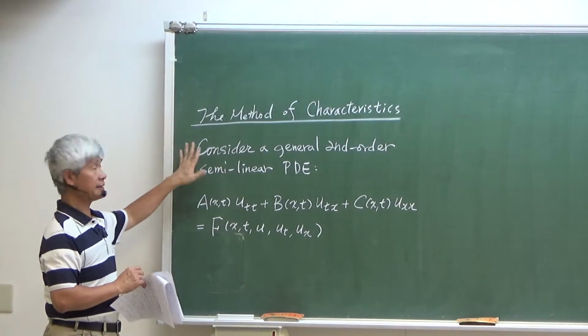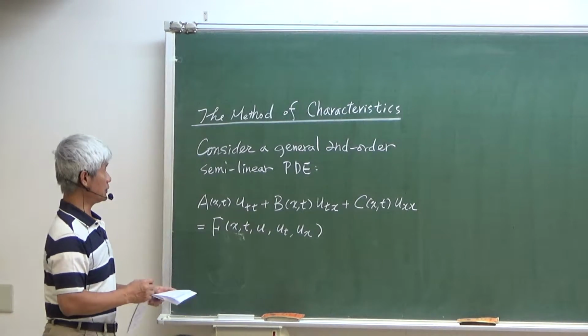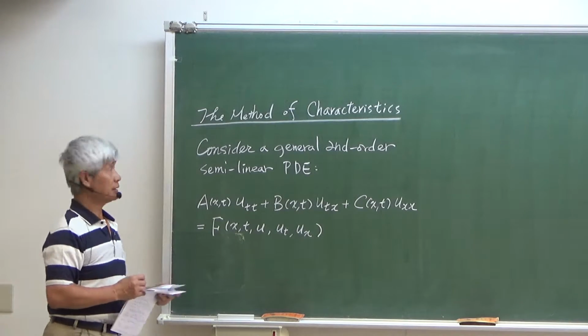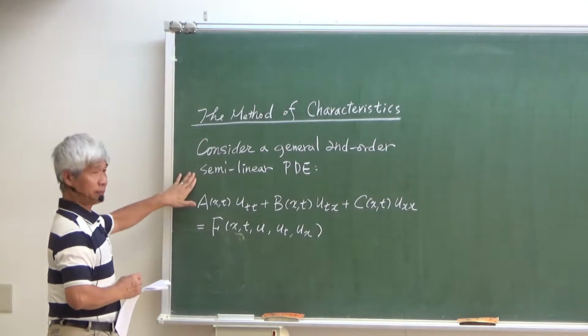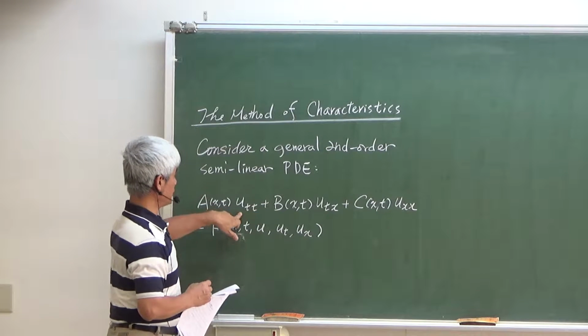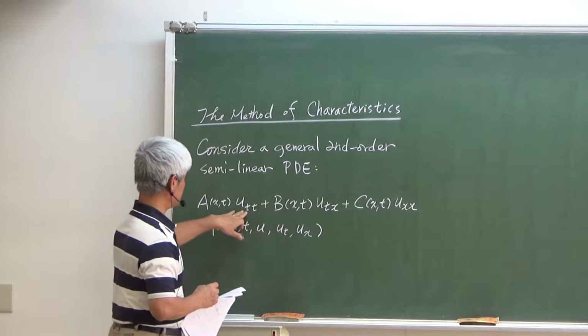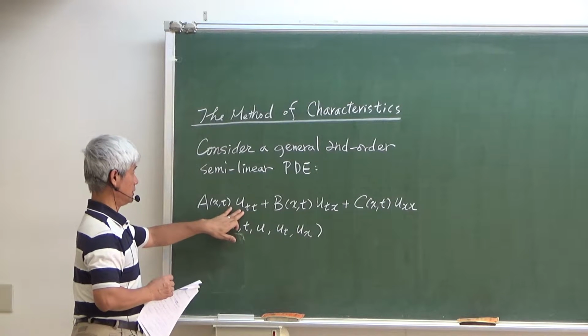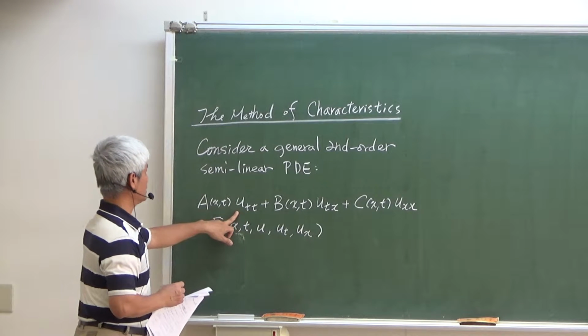I want to say something about the method of characteristics. So consider a general second-order semi-linear PDE. It's second order because it involves second partial derivatives.